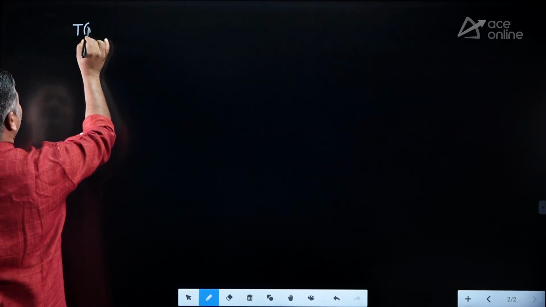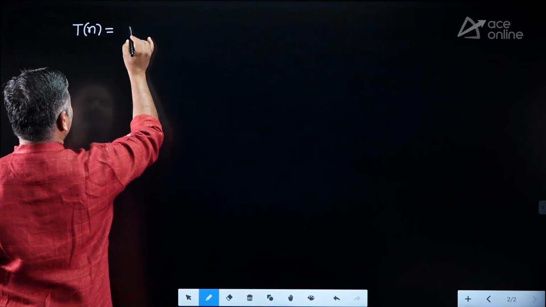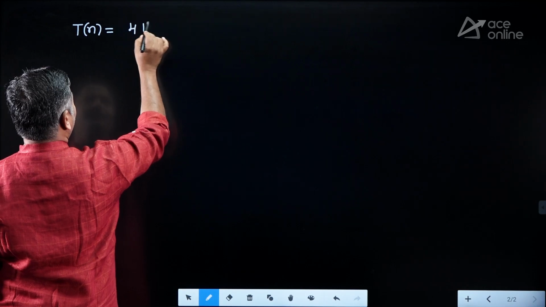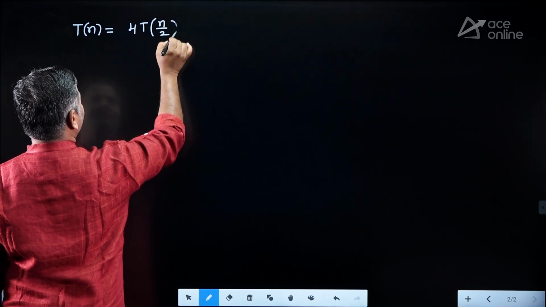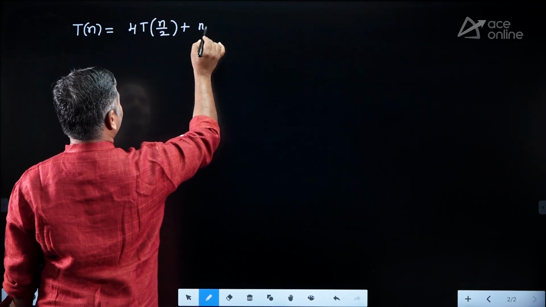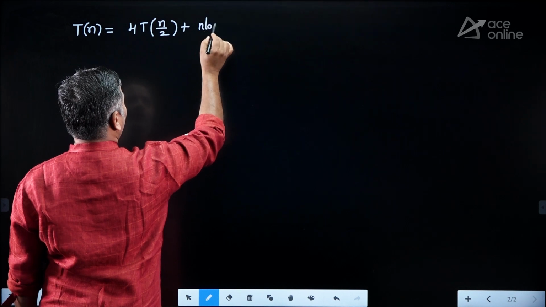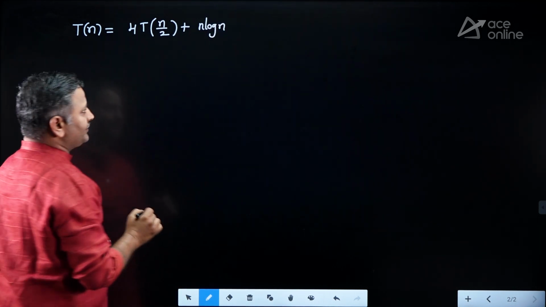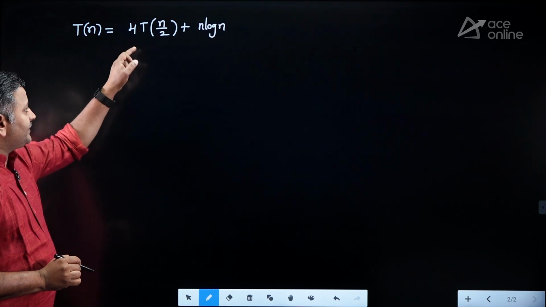Suppose they ask the question, t of n is equal to 4 into t of n by 2 plus n into log n. They may ask a question like this. First, compare this equation with the master theorem.